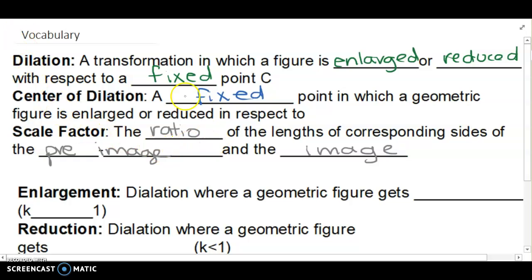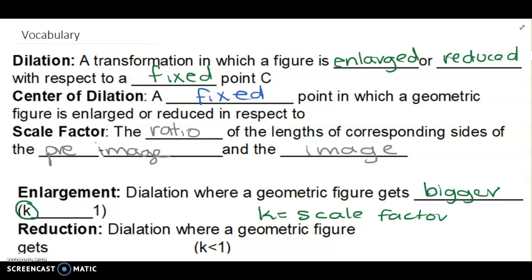All right, so an enlargement, as you could probably guess, is when a geometric figure gets bigger or larger, whatever way you want to write it. And in an enlargement, K is the scale factor. If you ever see a K and you don't know what it stands for, usually it's a scale factor.